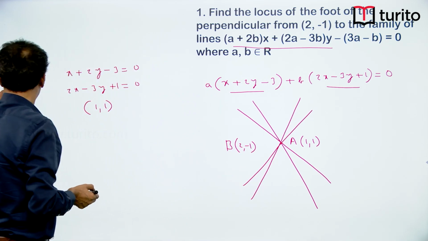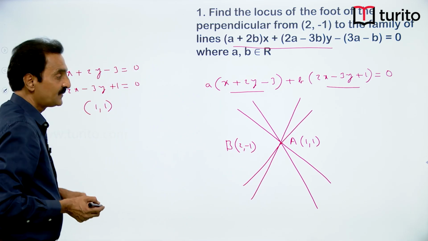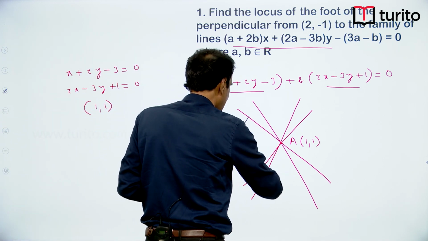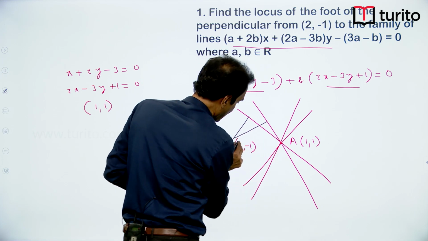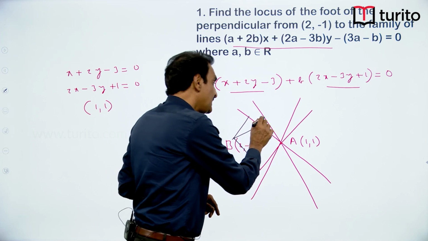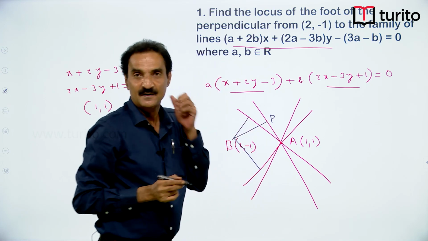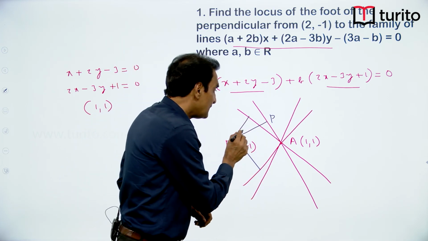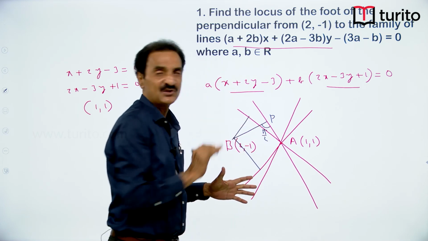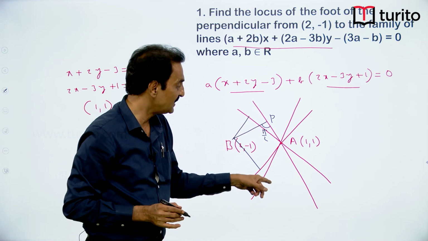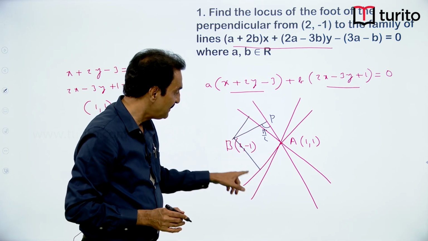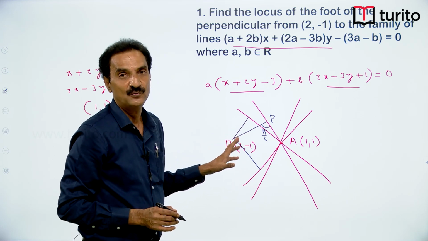Now, if you draw perpendiculars from B to these lines like this, let P be the foot of the perpendicular, then this angle is pi by 2 for any position of P. Wherever you draw the perpendicular, if P is the foot of the perpendicular, angle APB will be pi by 2.